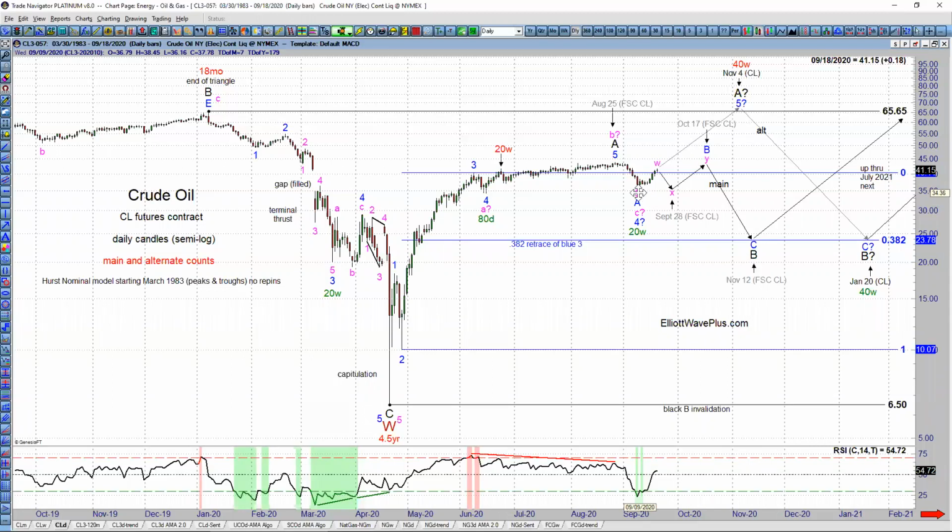It actually depends on if this was a 5 or not. I'm going to leave that discussion of whether that's a 5-wave structure to the downside open, because this move to the upside is strong enough that if we get a WXY sideways move here, I want to leave open the possibility that wave B blue would make a new high above that high right there.